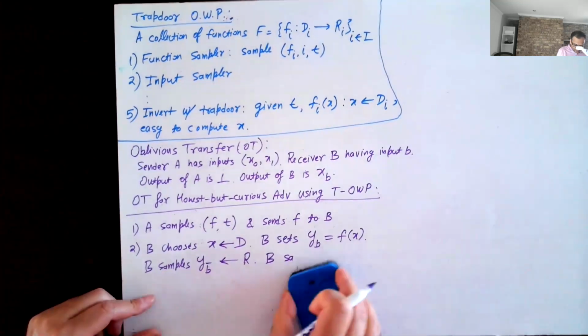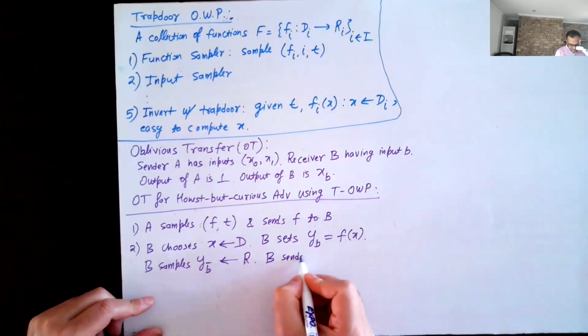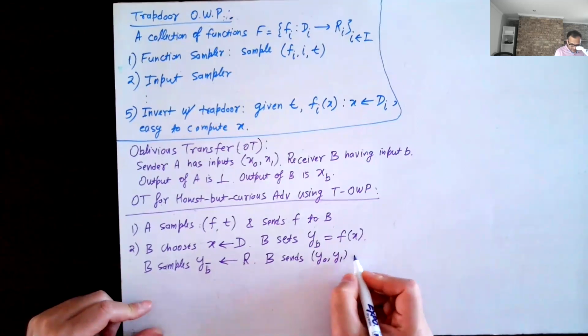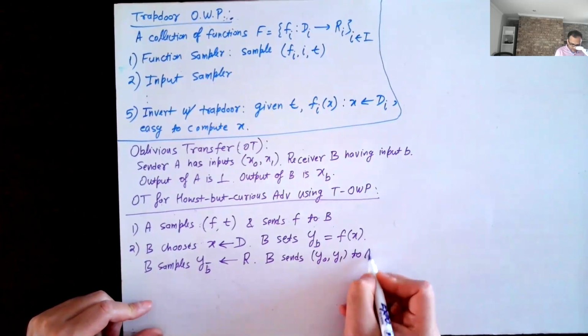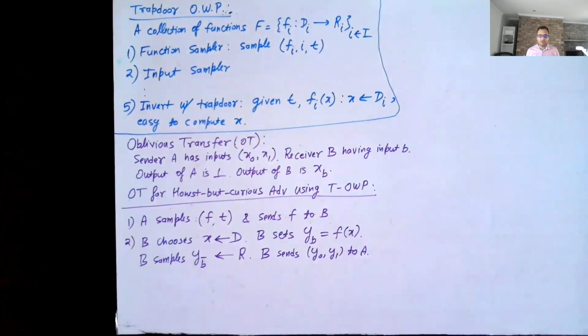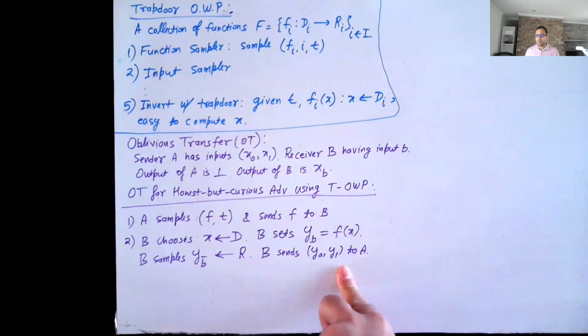Now B sends these 2 strings, y0, y1 to A. So here what is going on? B chose 2 strings such that it knows the pre-image of exactly one of them.